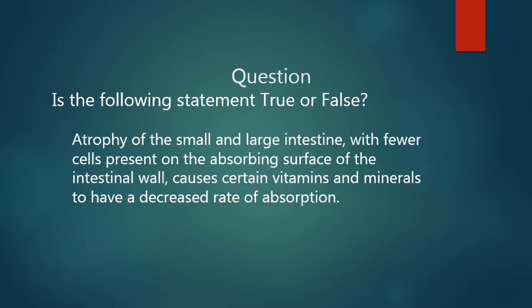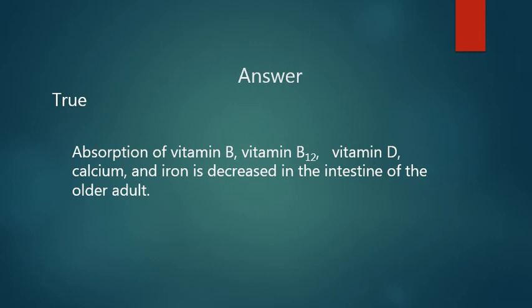So, another question. The atrophy of the small and large intestine, with fewer cells present on the absorbing surface of the intestinal wall, causes certain vitamins and minerals to have a decreased rate of absorption. True or false? And that answer, of course, is true.